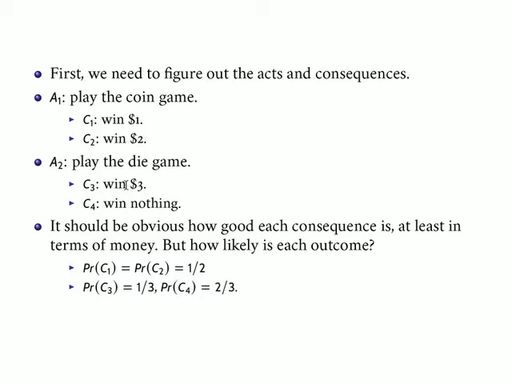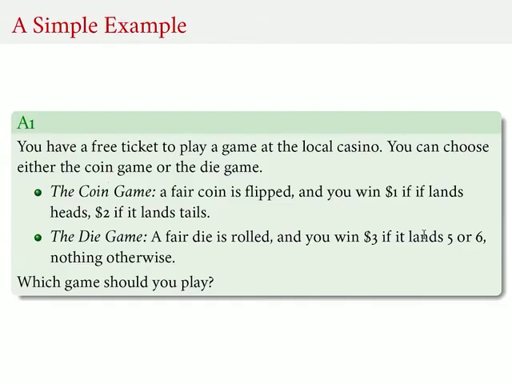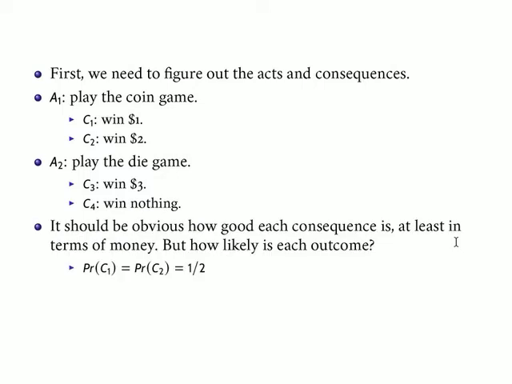Now, in terms of the die, because it's a fair die, a regular die, the probability of the consequence in which you win $3 is 1/3, and that's because, as we said, you win $3 when the die lands on a 5 or 6, and that is 2 possibilities out of the total 6 possibilities, and 2 over 6 is the same as 1/3. Then the other 4 possibilities, if it lands 1, 2, 3, or 4, that's 4 out of 6, which is 2/3. So here we see the probabilities of the various outcomes.